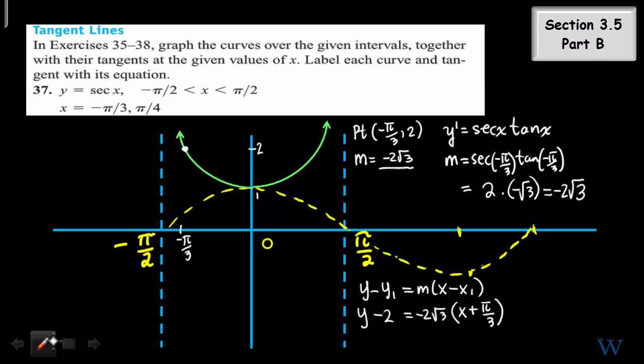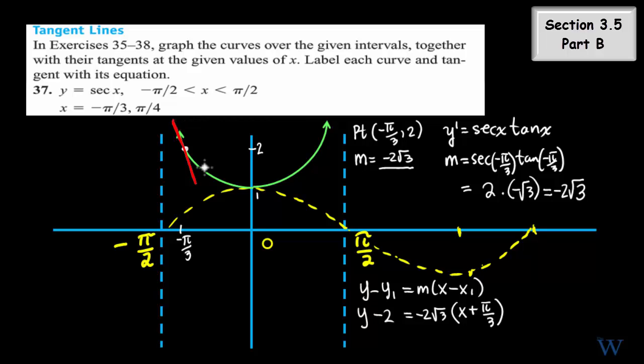But what is the slope when you say negative 2 square root of 3? Well, square root of 3 is approximately 1.7. So when you double it, it's like 3.4, and it's negative. So let's see, would that look like that? I think so. We have that slope right here. And it's negative, and so that's the line tangent.